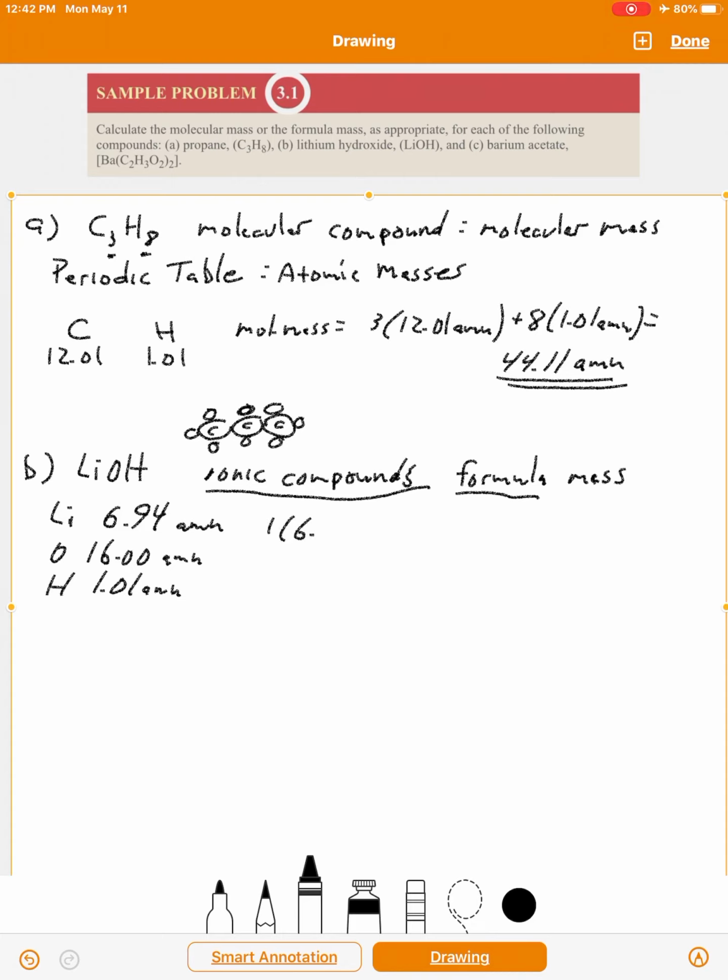So it's 1 times 6.94 plus 1 times 16 plus 1 times 1.01 AMU.